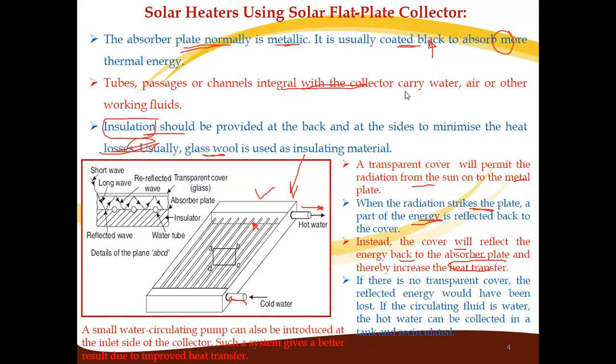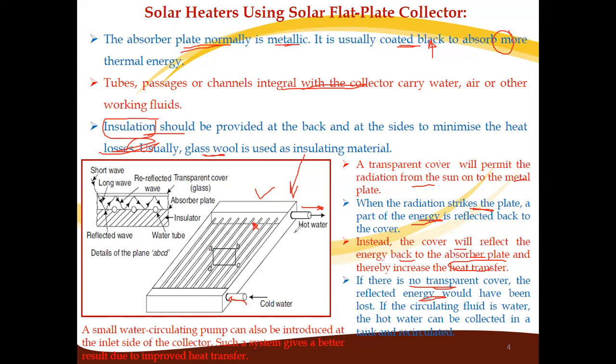If there is no transparent cover, the reflected energy would be lost. So the transparent cover is required to increase the heat transfer rate. Because of this transparent cover, the radiation from the sun is again transferred to the absorber plate, where it gets absorbed again and is converted into heat.